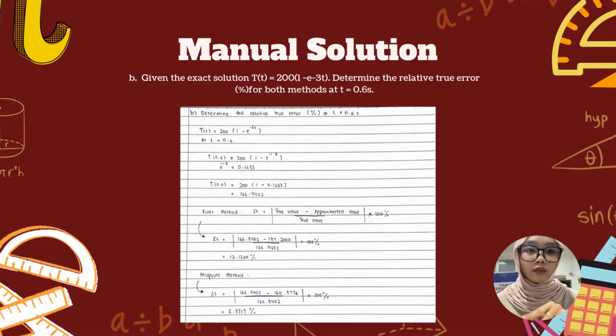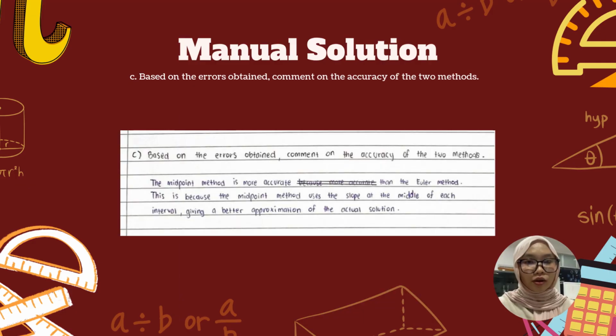For the midpoint method error: 160.9402 minus 160.9776, over 160.9402, multiplied by 100%. So the answer is 3.5015%.